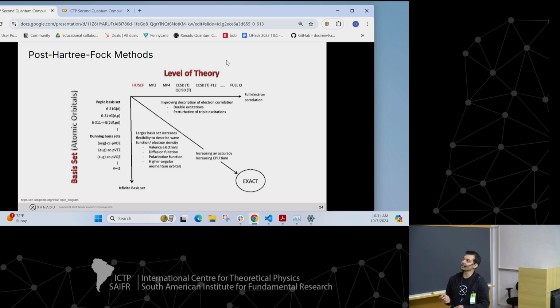So you can think of this as you describe more in detail what's happening in your molecule, you're going to need more computational resources. There are typical workhorses like the coupled cluster method, the full configuration interaction method. These are techniques that were developed decades ago, but that quickly hit hard limits in terms of how far you can get using them with a classical computer.